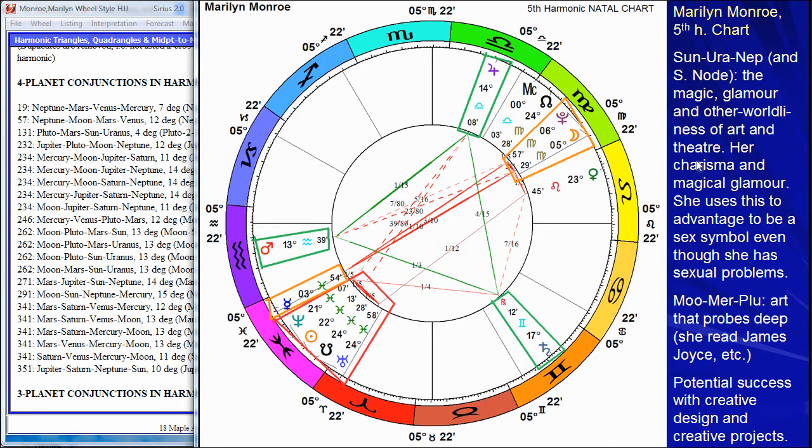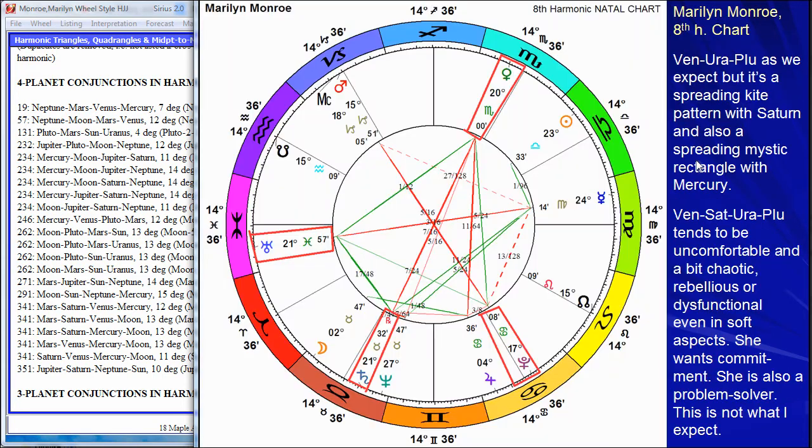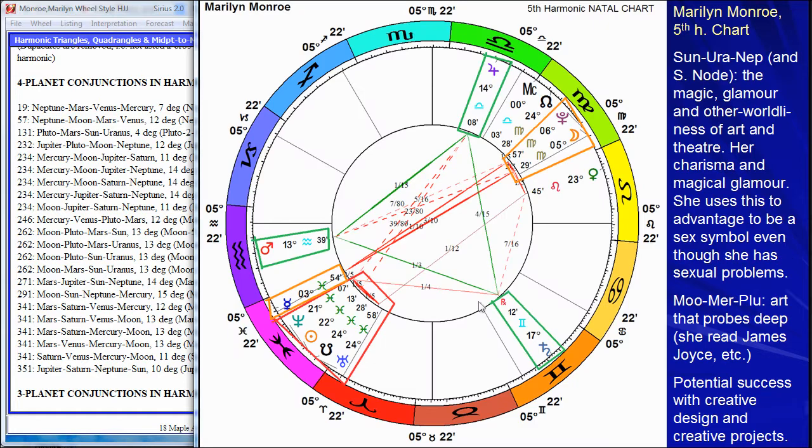So a whole deep level, let me go back to this, a whole deep level of Marilyn Monroe that I didn't know about. I just thought she was a glamour girl. Here she is having all of these problems indicated by the Venus, Saturn, Uranus. She does have the Venus, Uranus, Pluto. The story is being told in these harmonic charts.